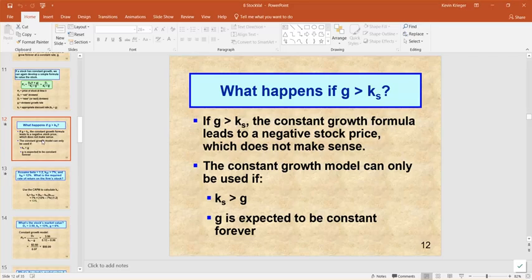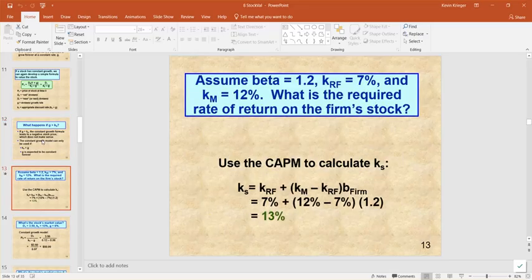How do you get your KS? How do you know what the required return is on your stock? Well, one way to do it would be to use what we call the capital asset pricing model. Some of you are more familiar with this off the bat before the class even started than others. But this is one method by which to get the required rate of return. It says that your required return is your risk-free rate plus your market premium times your firm's beta.